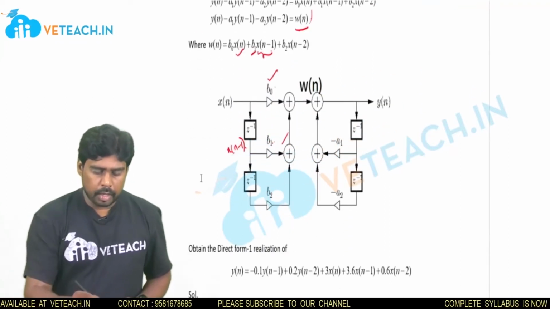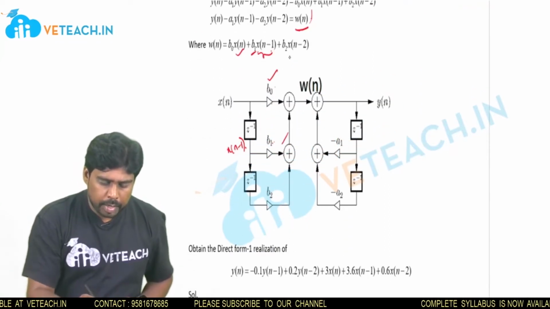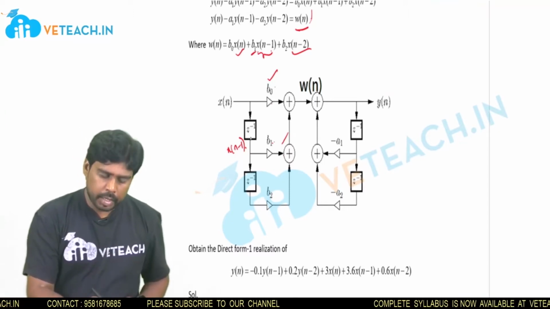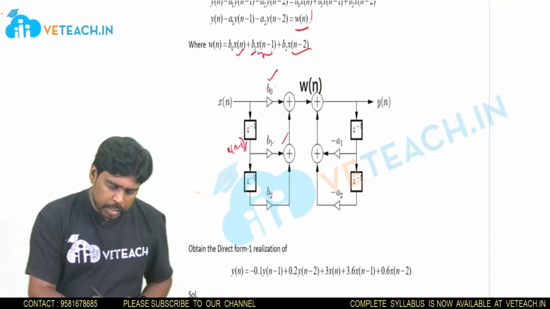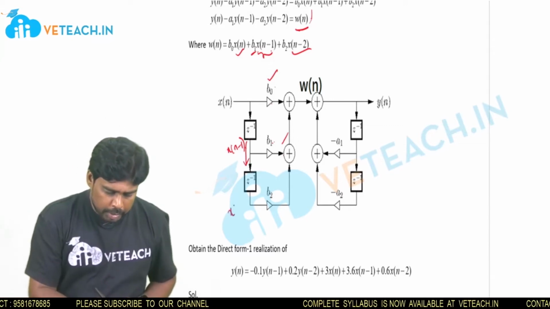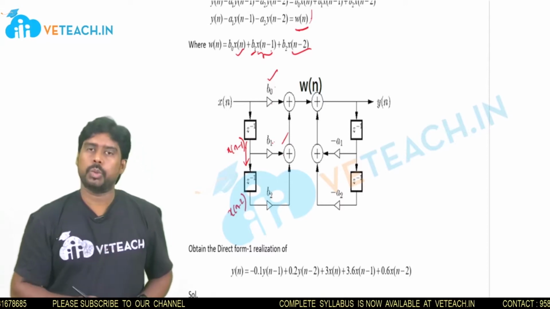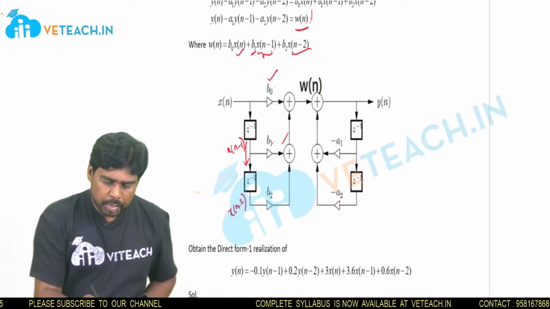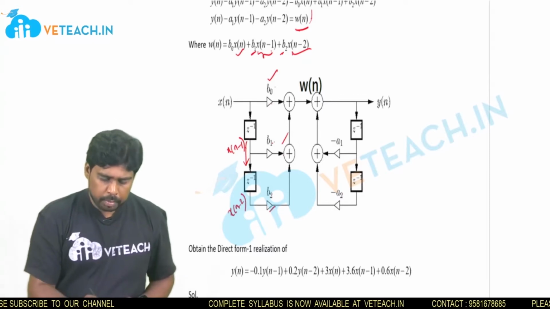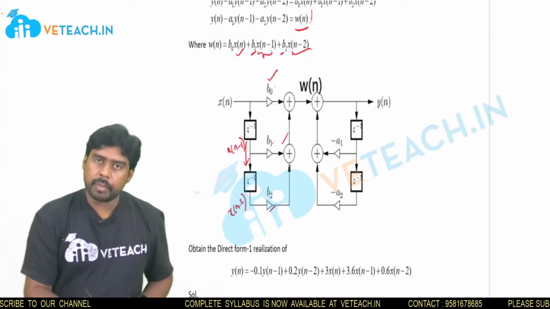Then I need x of n minus 2. Already we have x of n minus 1 here. This x of n minus 1 is sent to another unit delay block, and the output here will be x of n minus 2. This x of n minus 2 should be multiplied with b2, so multiply with b2 and give this to the summing point.